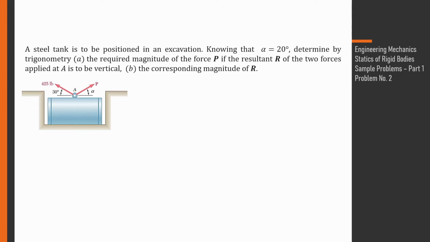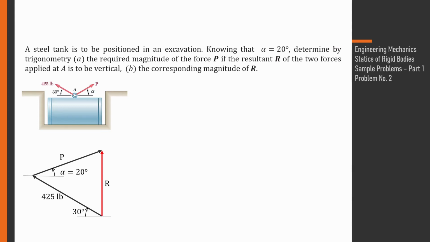So let's do it again with the tip-to-tail method. What is needed is the magnitude of force P so that the resultant R is vertical. First force, 425 at an angle of 30 degrees from the horizontal. Let's connect force P at an angle of 20 degrees from the horizontal.